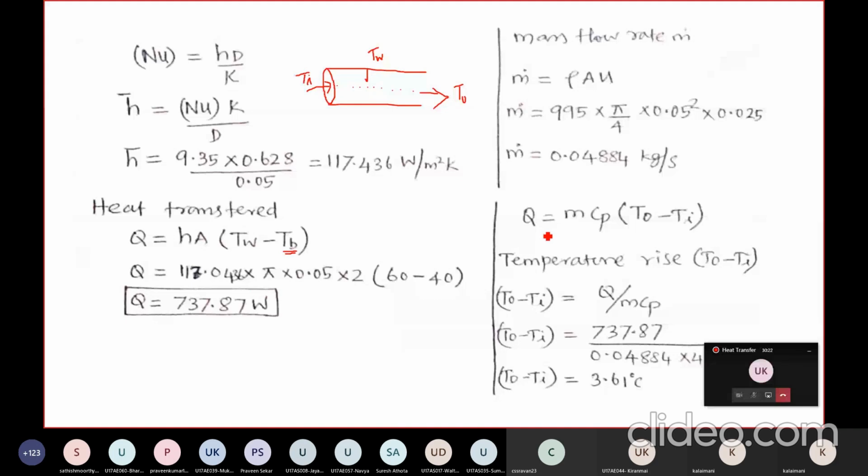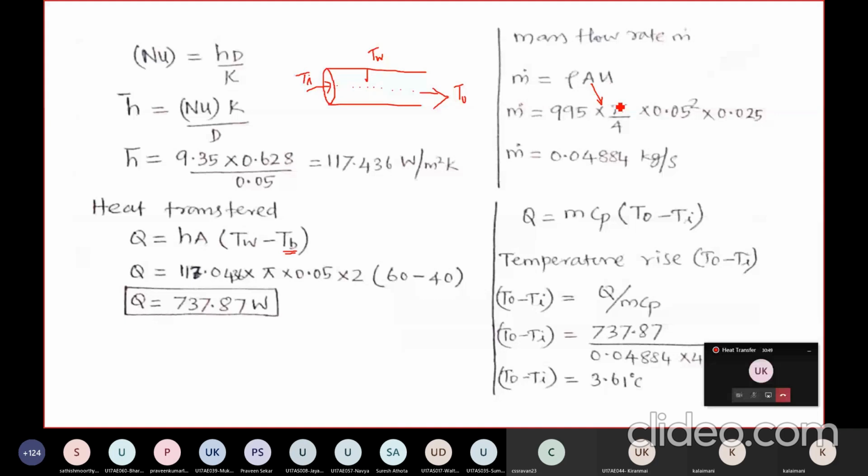Divide by m Cp. m is the mass flow rate of the fluid. We know the equation m dot equal to rho into A into velocity of the flow. The density is given as 995 kg per meter cube. While calculating mass flow rate, we take the cross-section area, pi by 4 into diameter 0.05 square, into velocity 0.025.